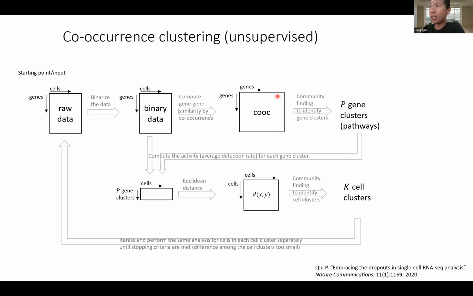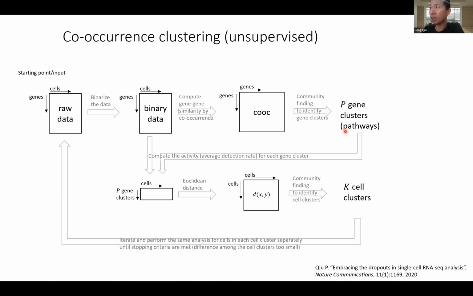This matrix, we can think of it as an adjacency matrix of a gene-gene graph, where each node is a gene, and each value here is an edge, the weight on an edge connecting two genes. We can use this to define a gene-gene graph, and then apply a community finding algorithm to identify gene clusters. For each gene cluster, here I use a different word, I call it gene pathways.